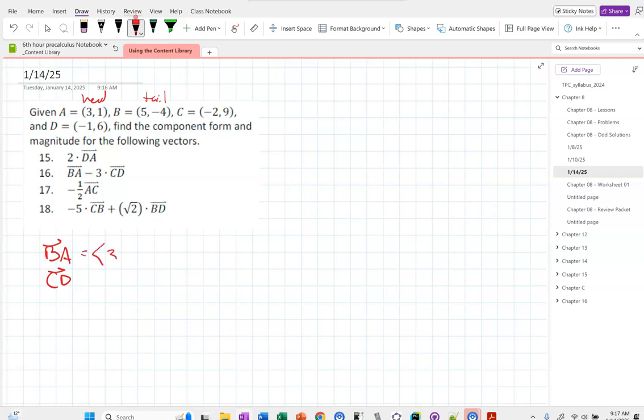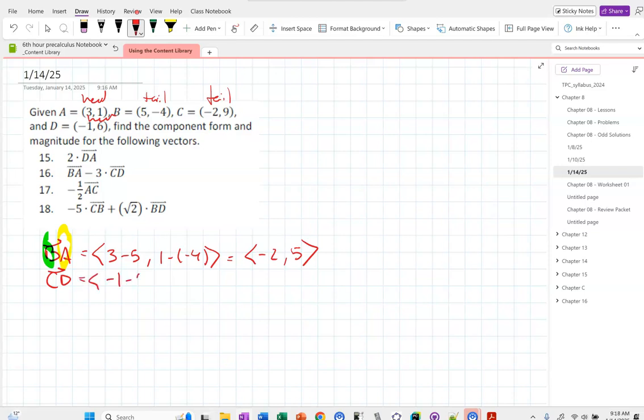So if I do head minus tail... So if I look at the picture, the B is underneath the tail of the arrow, and the A is underneath the head of the arrow. Cool? Great. For CD, again, C is the tail, and D is the head.